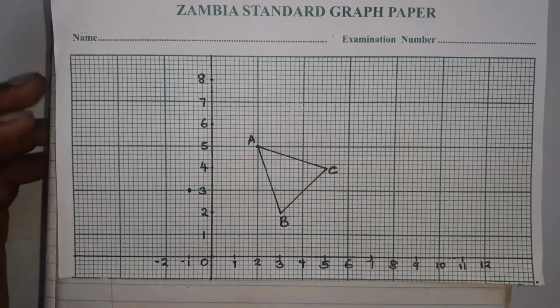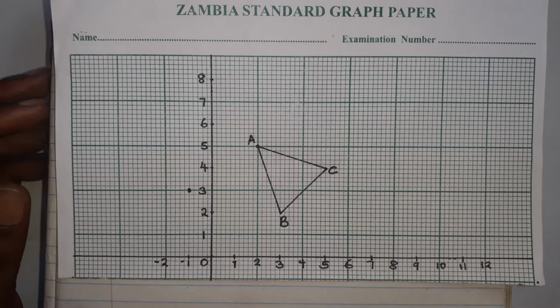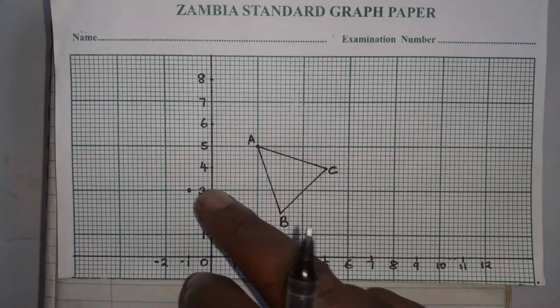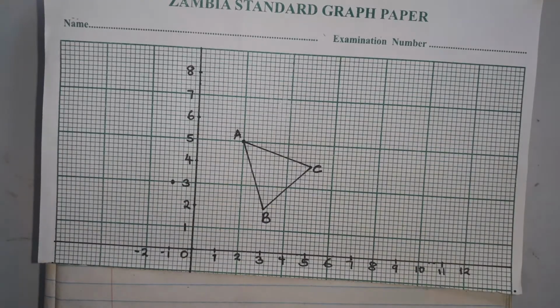I should mention that there are various methods that you can use in order to get the image. I have identified one that I feel could be simpler for us, so this is what I want you to follow. There is another one where you can measure like this, but I don't want to confuse you, so let me stick to one method.